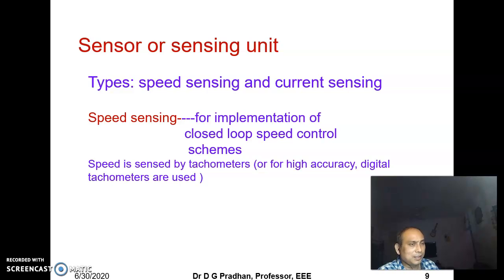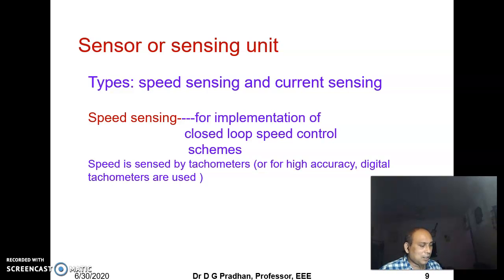Speed sensing is required for the implementation of closed loop speed control schemes. The speed is usually sensed by using tachometers. When very high accuracies are required, as in computer peripherals or paper mills, then you can use digital tachometers.